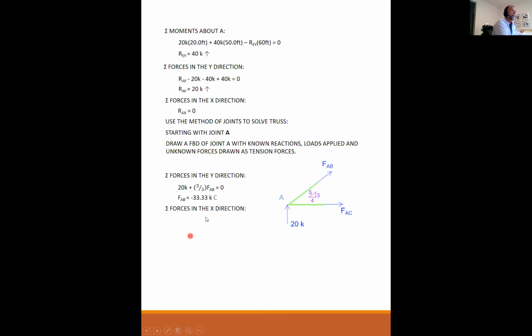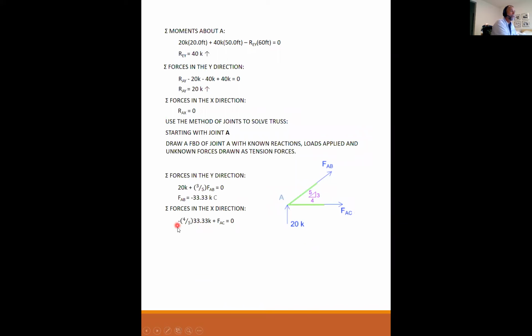Summing forces in the x direction now, I have minus 4/5 of FAB that I just solved to be 33.3 kips. And that is pushing, so it's actually going to the left, so I put it as negative. My sign convention is up is positive, down is negative, to the right is positive, to the left is negative.